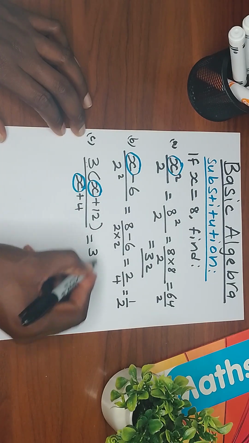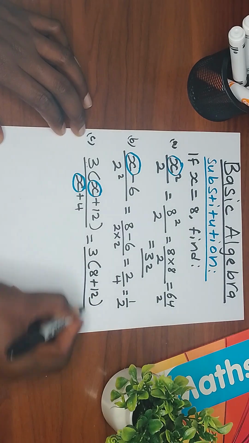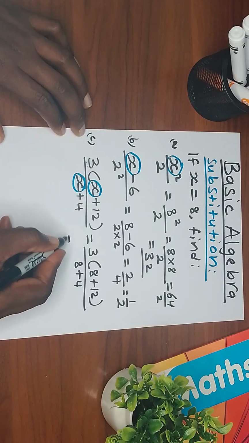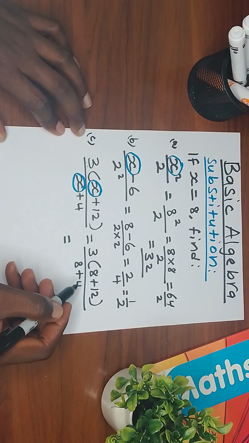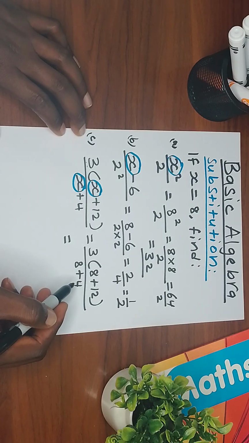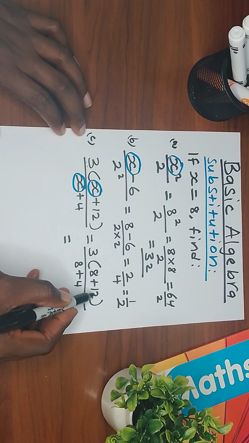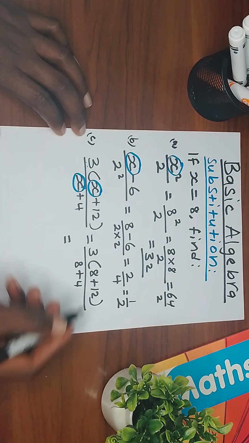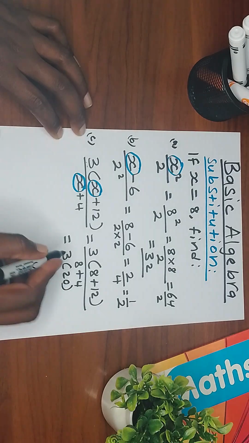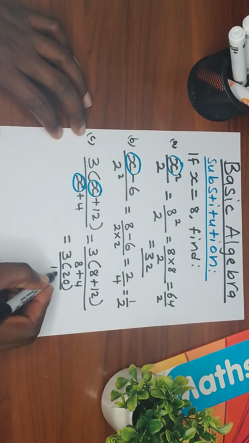So we'll have 3 into 8 plus 12, all this out of 8 plus 4. This is going to be knowledge from PEMDAS or BODMAS. We deal with the brackets first. So 8 plus 12, that is 20. So we'll write 3 into 20, or 3 times 20, out of 8 plus 4, which is 12.